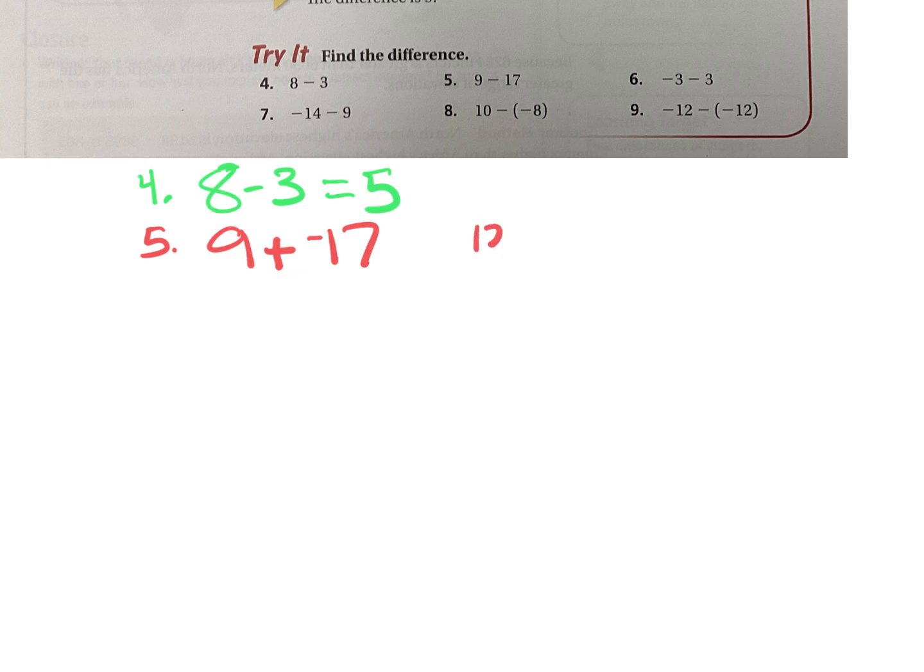So I take 17, which is a greater absolute value, minus the 9. And that gets me 8. And then I have to see which one is a greater absolute value. The 17 is, so it's going to be negative 8. So number 5 equals negative 8.